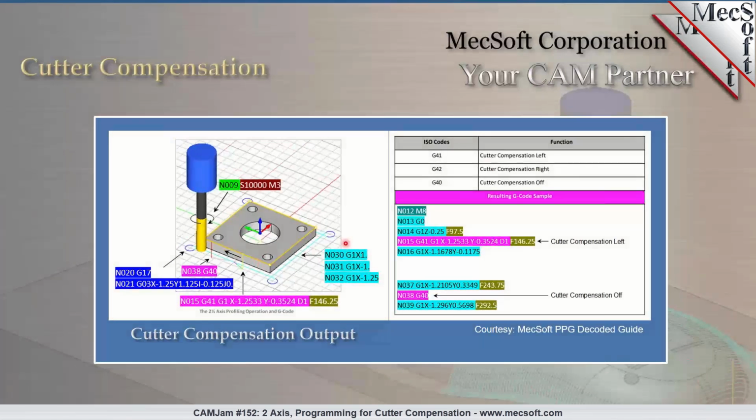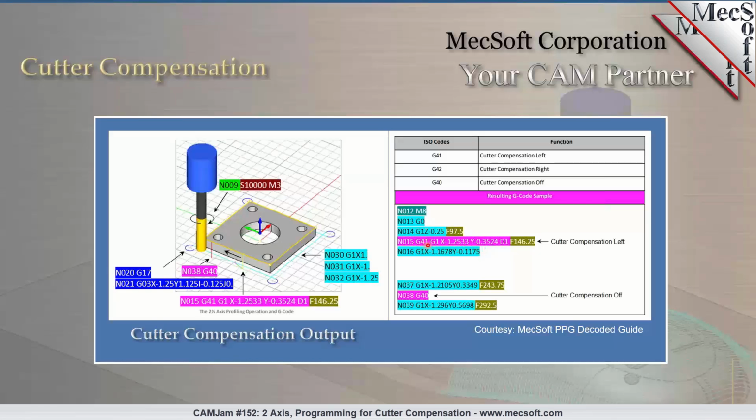Now, in the following slide, you'll see we have a profile toolpath for illustration of cutter compensation. The cutter compensation is output on the first linear move on your entry. So in the sample output code, you'll notice that there's a G41 right after your plunge move.